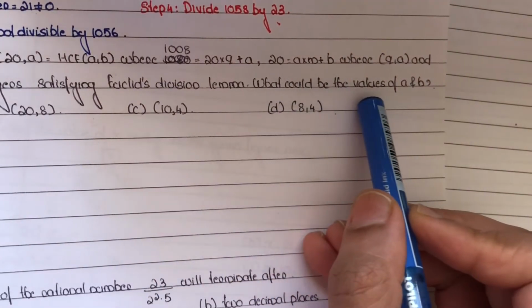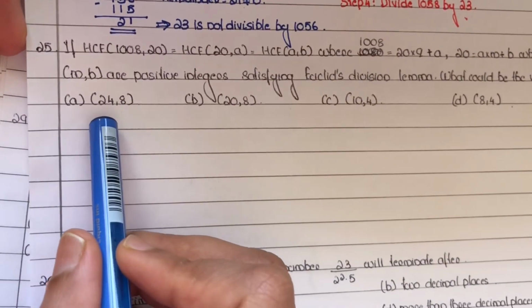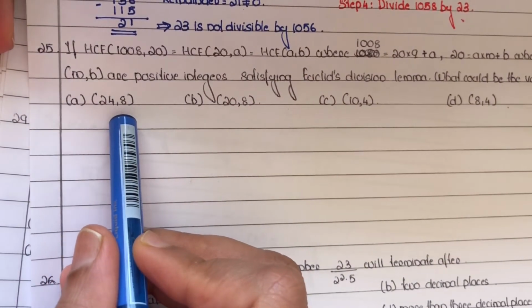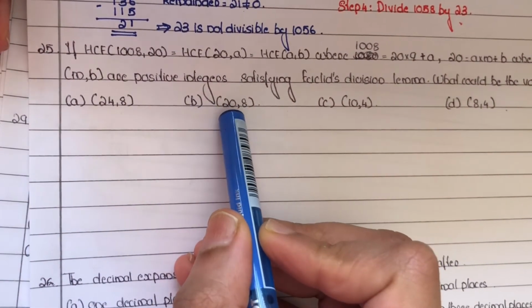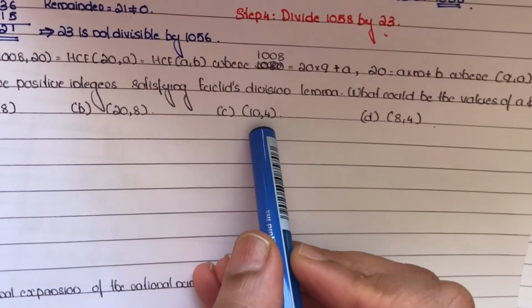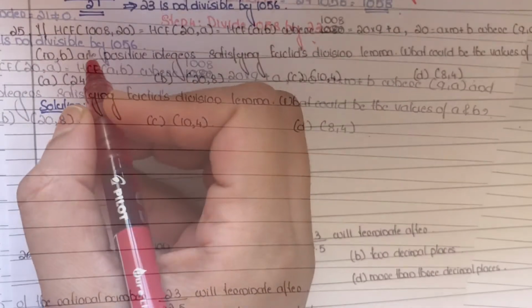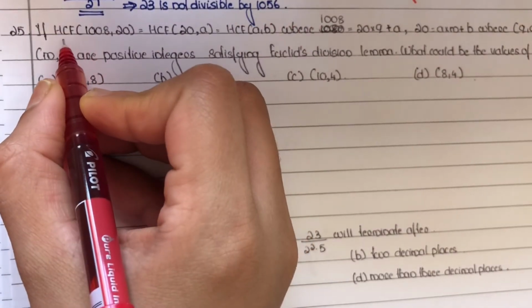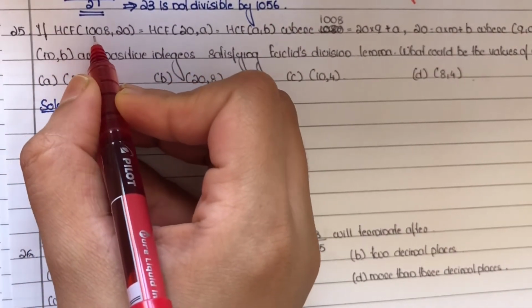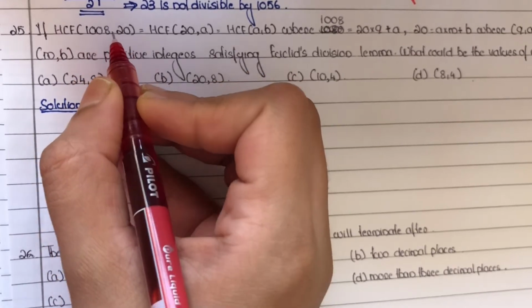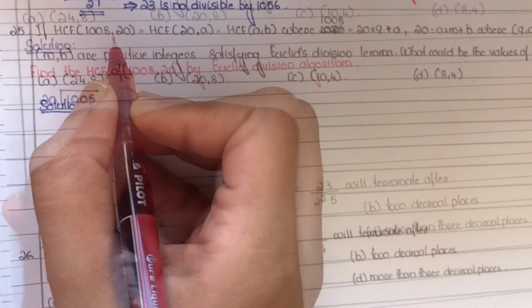What could be the values of A and B? Option A 24, 8, option B 20, 8, option C 10, 4, option D 8, 4.